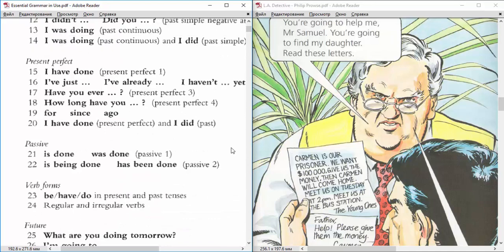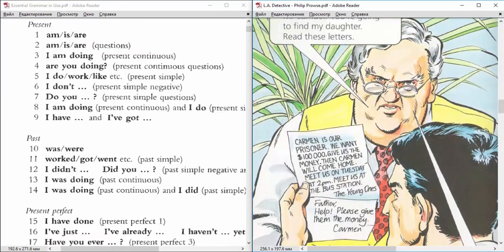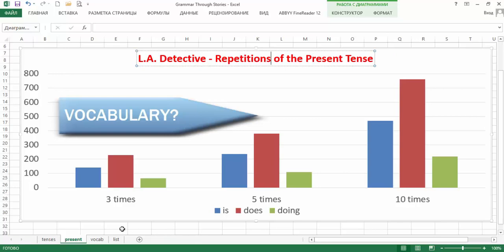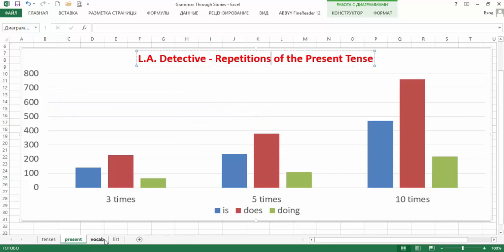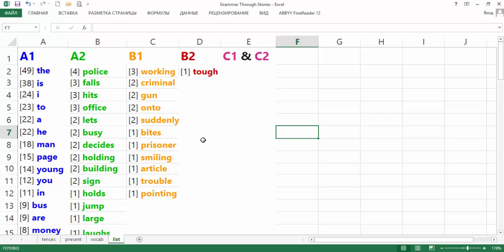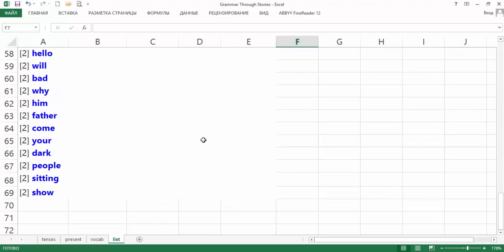We've been talking about grammar so far, and now you must be thinking, okay, got it. If I want to learn grammar, I better read books instead of doing grammar exercises. But what about vocabulary? How can I improve it? I've done another research for that. Here is a word list which includes all the words in LA Detective.